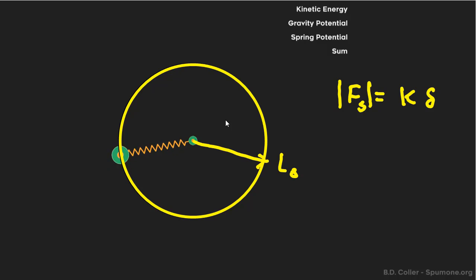So it's going between compression and tension and compression and tension. And the work is what? Sometimes the spring is pushing in the direction of motion. Sometimes it's pushing or pulling in the opposite direction of motion. So it's doing both positive work and negative work.